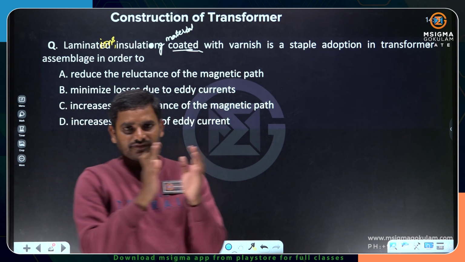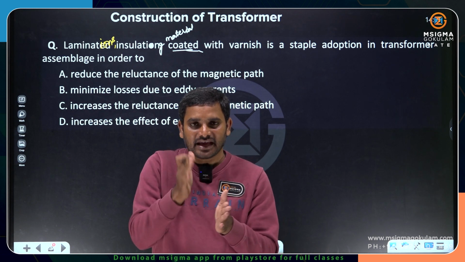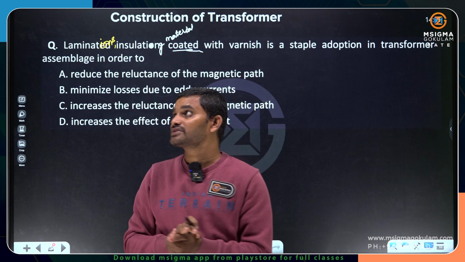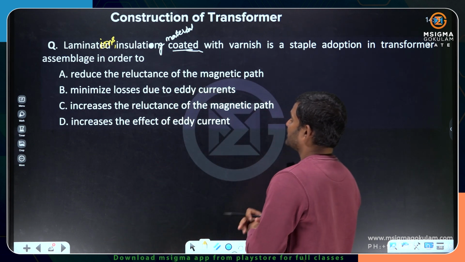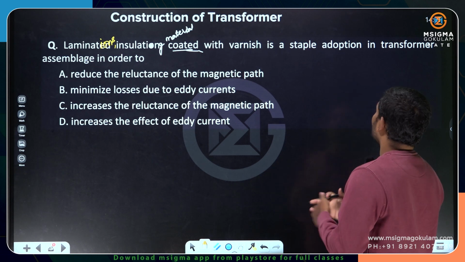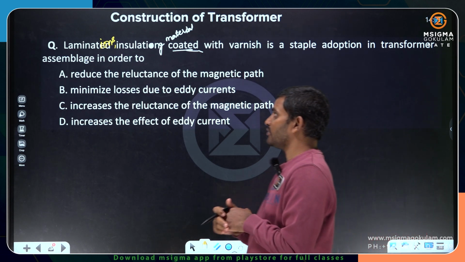So insulation is of varnish and the laminations are there. Laminations means small area of cross section, thin sheets. So laminations and insulating material are a staple adoption in transformer assemblage.